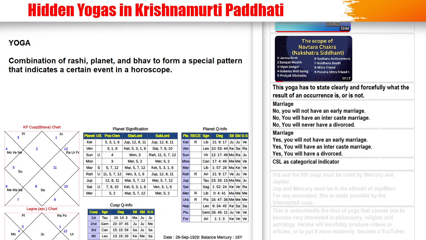Similarly, in the horary, if the question is whether somebody might have some kind of inquiry from the government, or one might land in jail because of some cases against him or her by the government, then also the Cuspal Sub Lord of the 12th has to be Rahu.